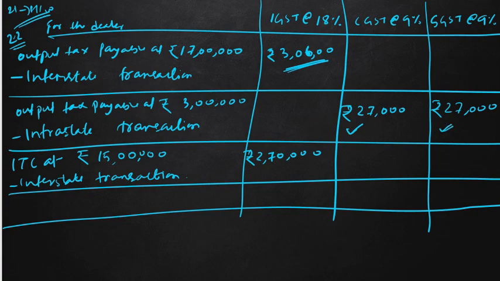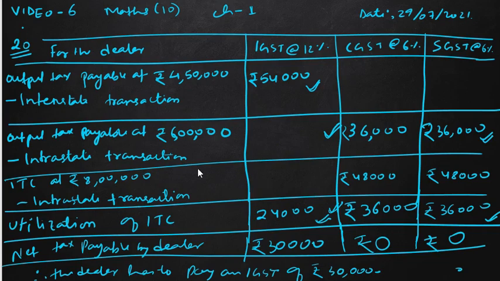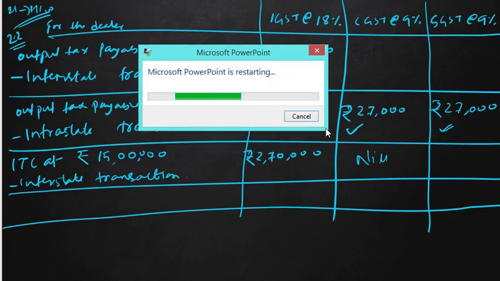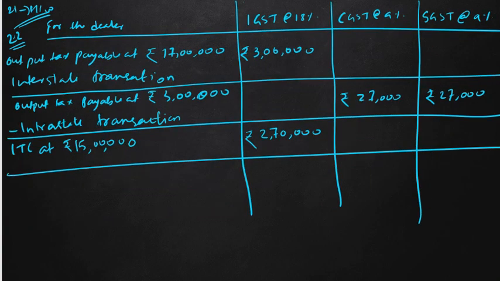That means he doesn't have enough money to pay the CGST or SGST, because in the previous section he doesn't have any amount in the ITC section. So you can see that this section was our ITC section, and he doesn't have any amount here. In the previous example he used 48,000 to pay 36,000, and again 48,000 to pay the other 36,000, and the remaining amount, 24,000, he paid to IGST. But in this question he doesn't have anything here, nil, in the CGST and SGST section.